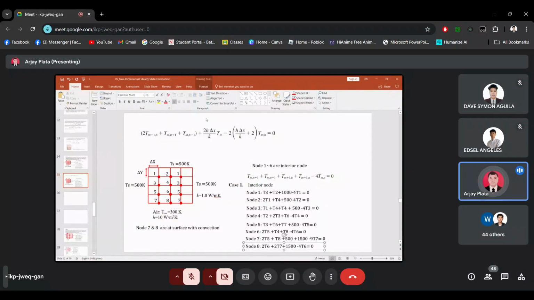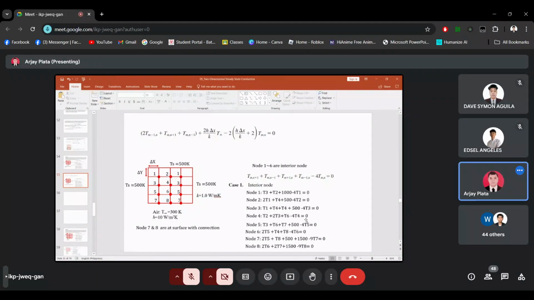So why 15? Because of 2 times h delta x, which is 2.5. So 2 times 2.5 is 5, plus I multiplied by 300. So 2 times 2.5 times 300 is 15 minus 9T8. So that is our equation.